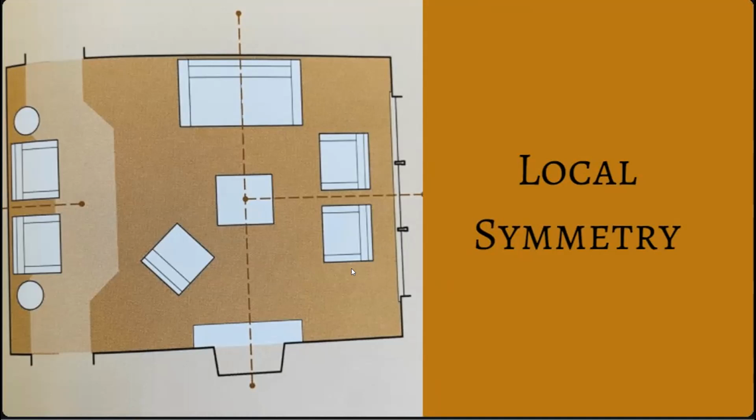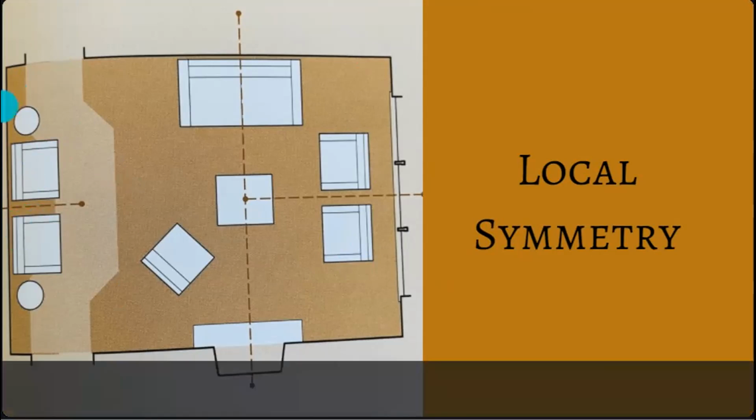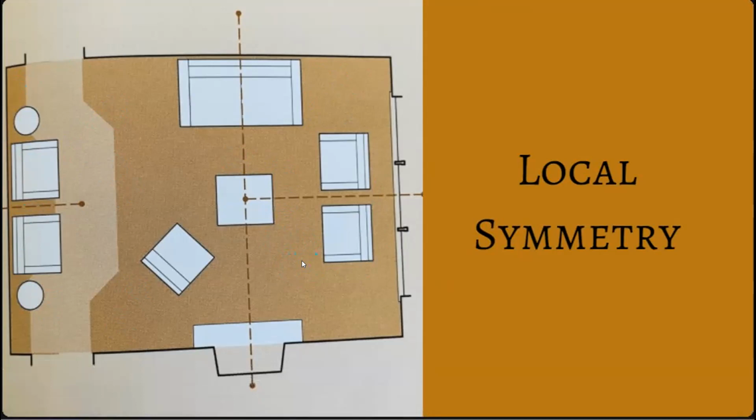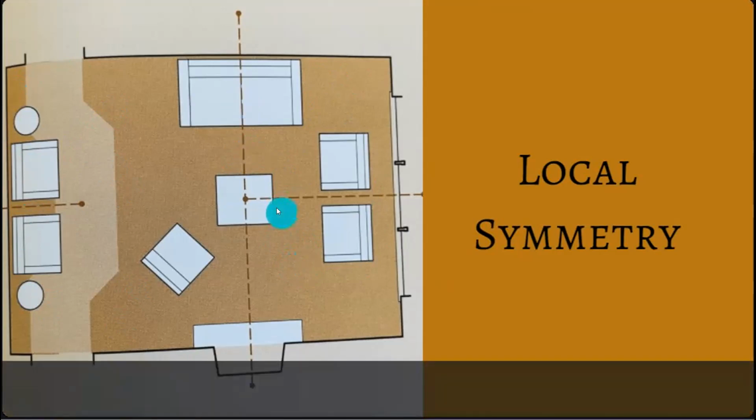Using local symmetry, you can easily maintain harmony and balance in a room, because we are creating symmetry in a particular sitting area, so harmony is easily managed and you can create a perfect balance, right?